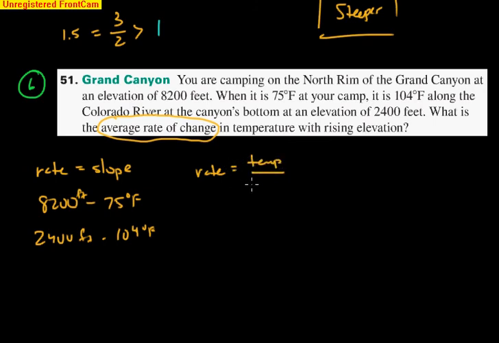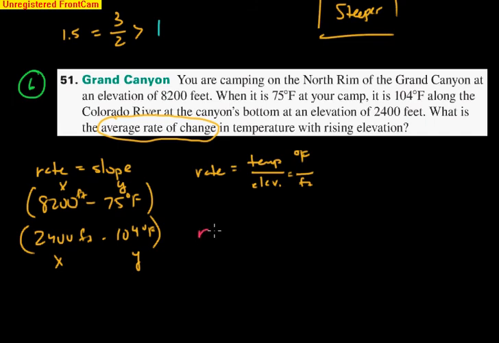That means temp goes on top and elevation goes on bottom. That means degrees Fahrenheit on top over feet on the bottom. Okay? So these are our points. This is the x, this is the y. Because your degrees Fahrenheit go on top, your y's go on top.